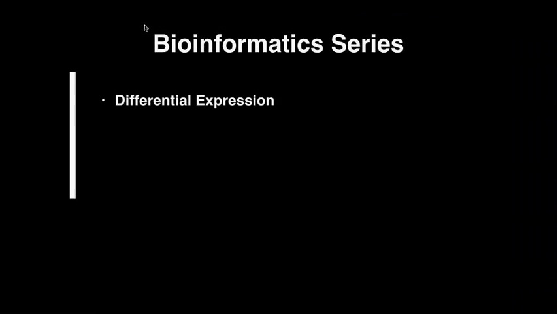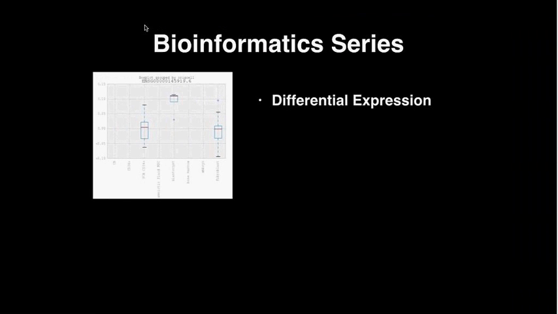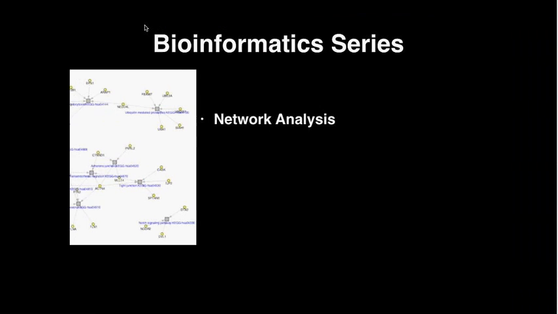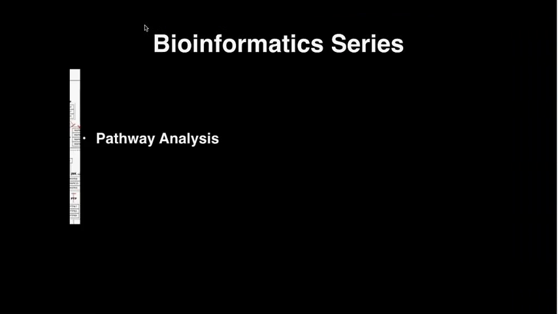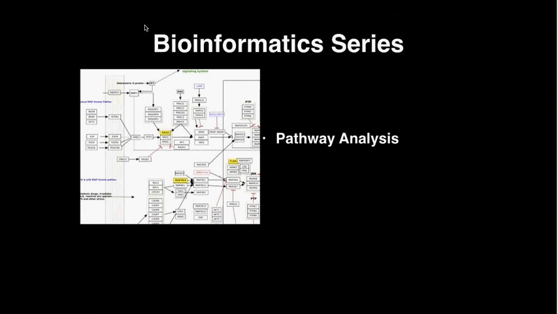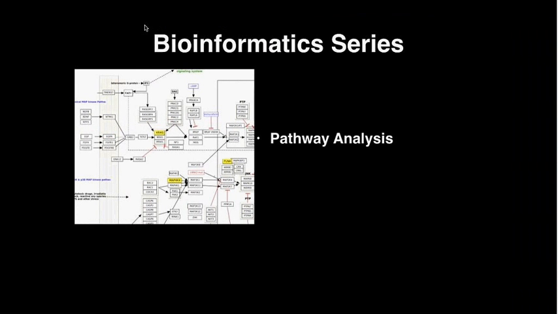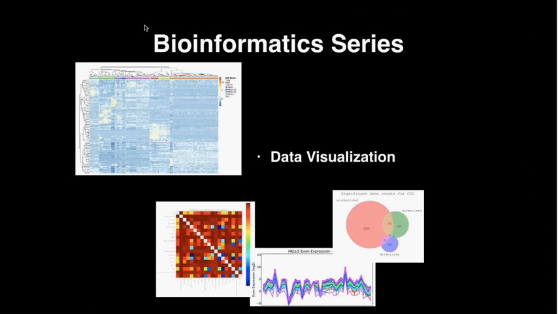We would like to cover differential expression, and eventually network analysis and also pathway analysis, looking at what signals are available and how they look when you project them onto a pathway.